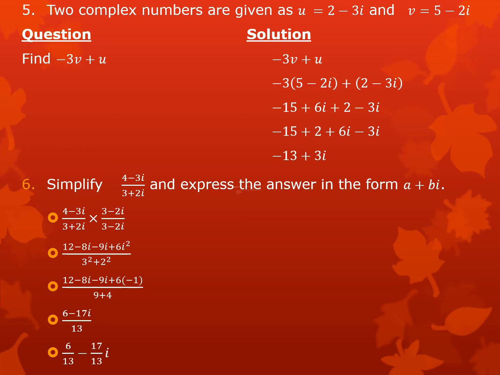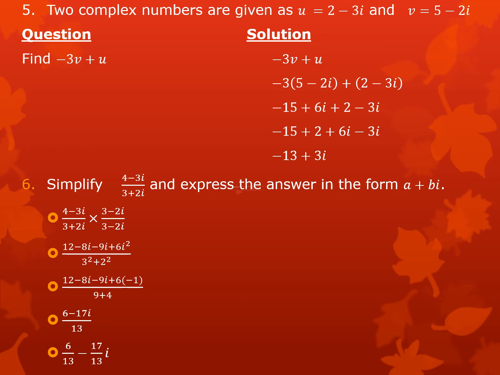Now in the next step, we need to further simplify the numerator and the denominator. So in the numerator, we need to replace i squared with negative 1. That gives us 12 minus 8i minus 9i plus 6 into negative 1. And simplifying the denominator gives us 9 plus 4.